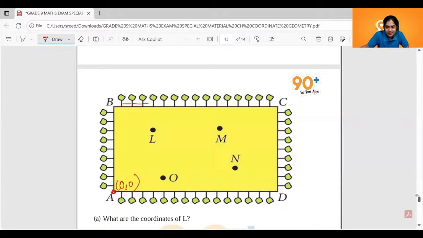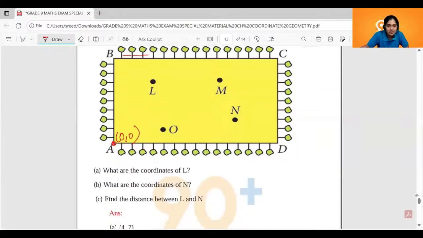Now what are the coordinates of L? To see the coordinates of L, draw the perpendicular vertically and horizontally through L. Definitely AD is the x-axis, right? This is the origin. So how many units on the x-axis? 1, 2, 3, 4.